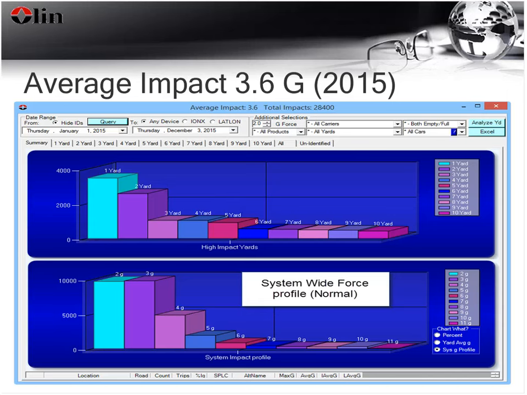And then it starts tailing off at 4 Gs down to 11 Gs. And this is exactly what you would expect when looking at the individual yards. You would expect them to have this same profile. And we do for almost all the yards, especially all the hump yards, which for the most part have pretty good control. However, there are exceptions, and these most often happen in flat yards.